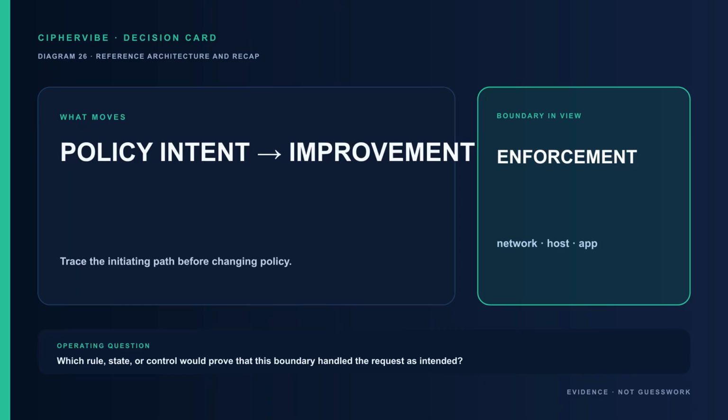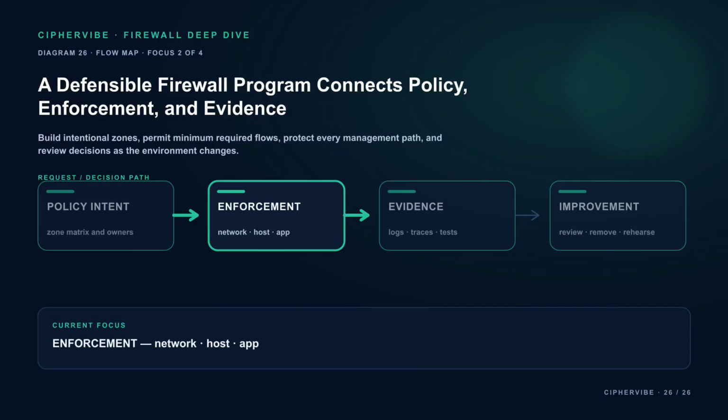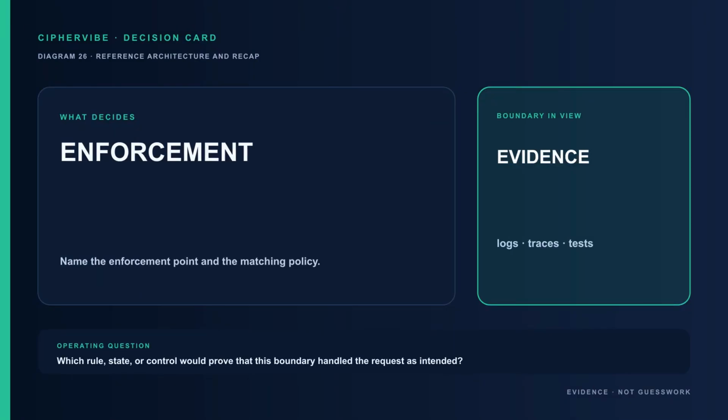The final model brings the whole deep dive together. Start with resources and trust zones. Define the few flows that must exist for a business outcome. Turn that intent into explicit policies at the right enforcement points: network, host, cloud, proxy, application, and data. Maintain state awareness without confusing it with authorization.